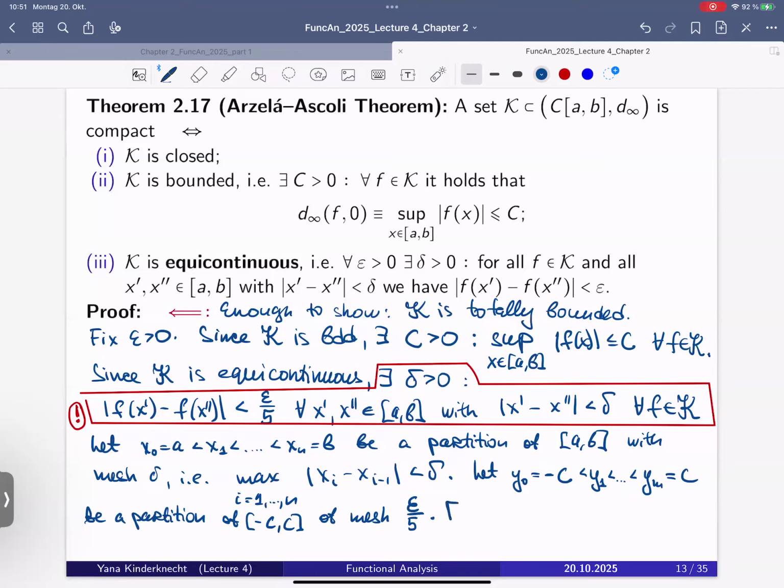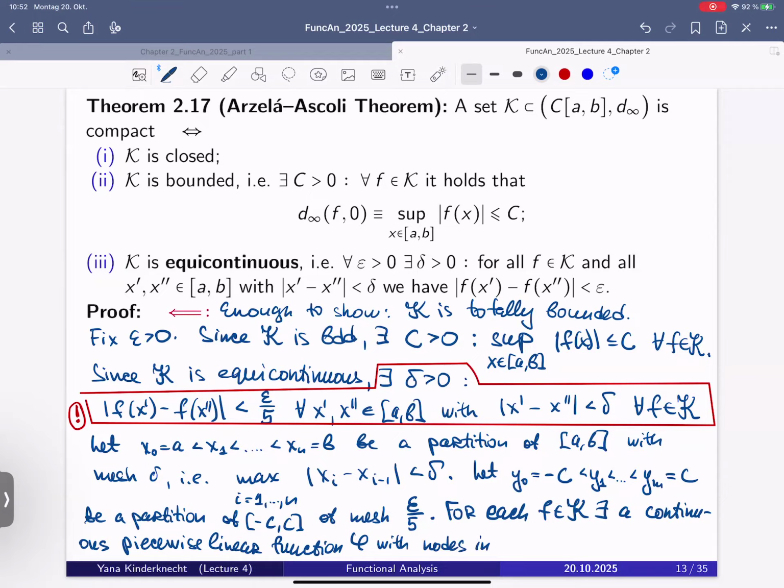Then the statement is as follows. For each element f of our set K there exists a continuous piecewise linear function, let me call this function phi, with nodes in points of the form xk, yl, where xk is taken from this partition and yl is an element of this partition.